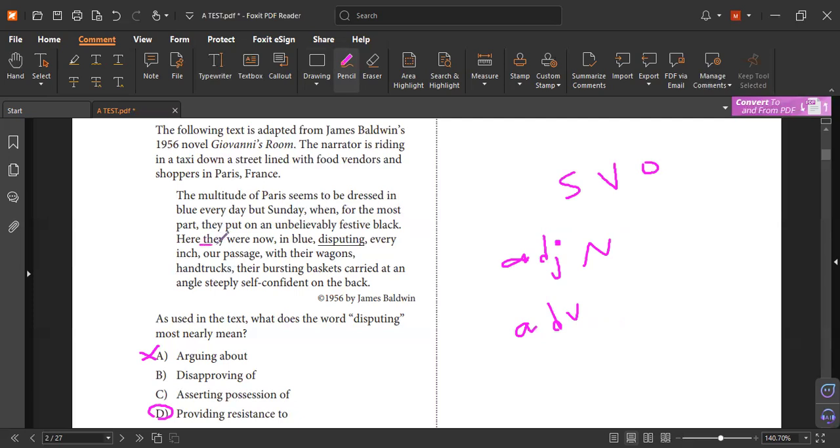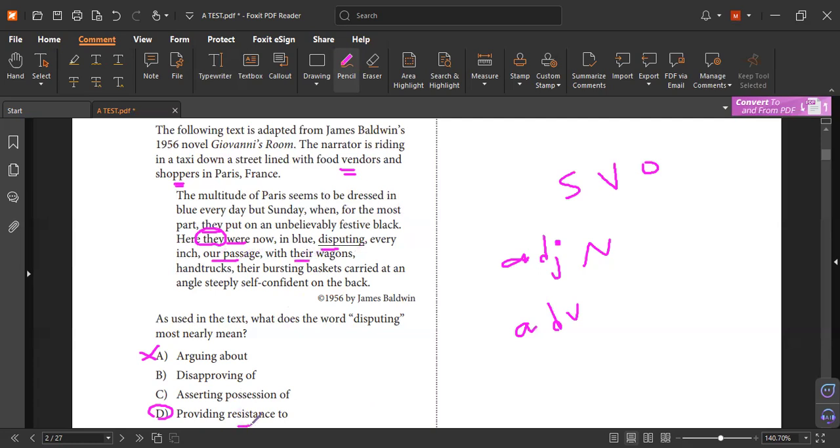Now he said they were disputing. Who or what are they? He said here who they are. Go back to check. He said food vendors and shoppers. What can food vendors and shoppers do in our passage with their wagons?